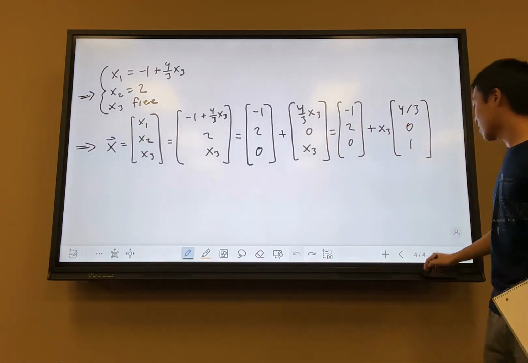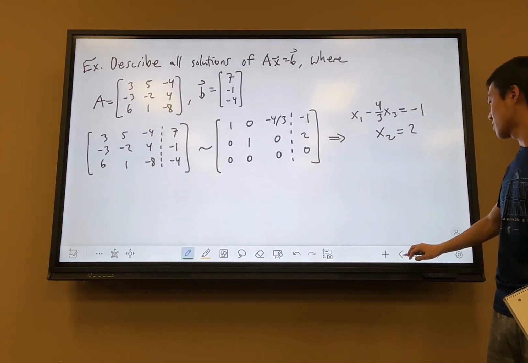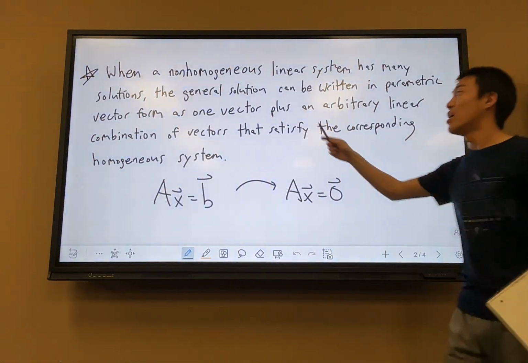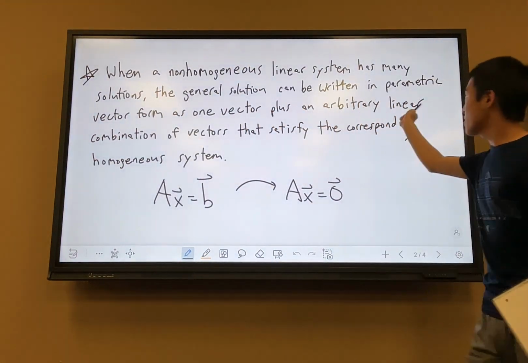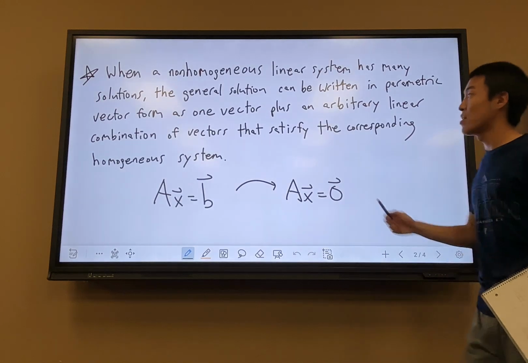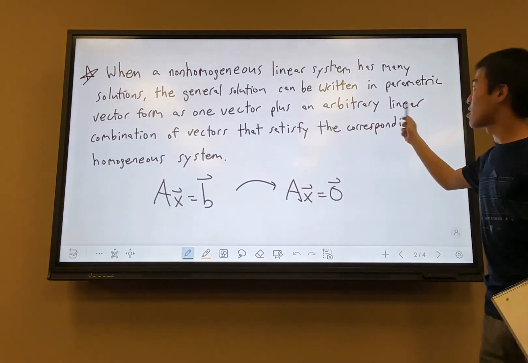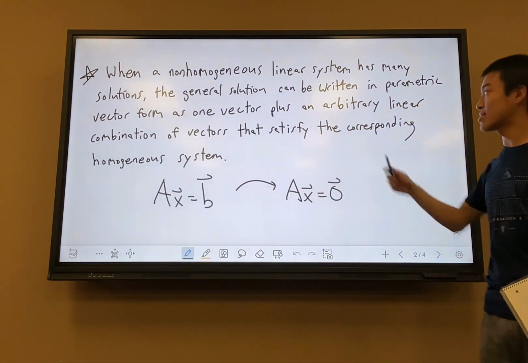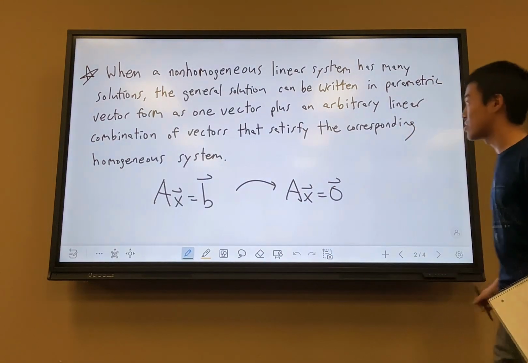Okay, fantastic. That's the first thing. So that means what follows counts. The general solution can be written in parametric vector form as one vector plus an arbitrary linear combination of vectors that satisfy the corresponding homogeneous system.